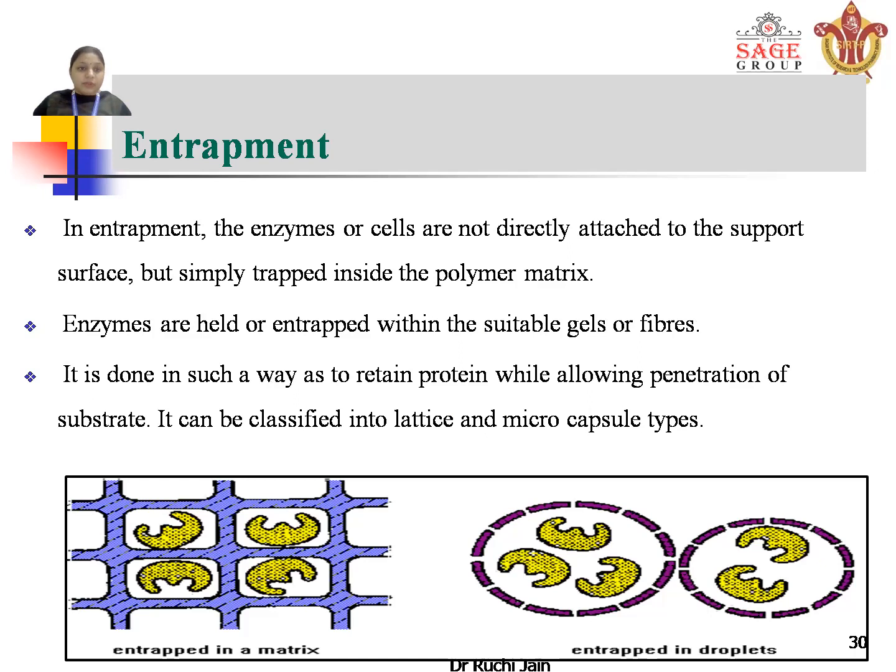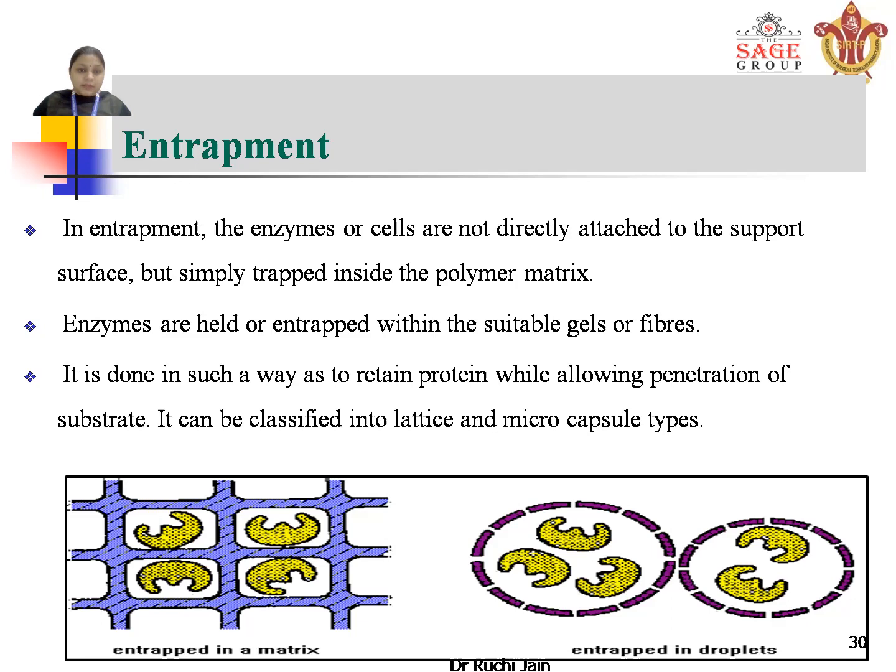For the entrapment method, we use some gels and fibers to entrap these enzymes. This is the latest type of entrapment, a microcapsule type of encapsulation, where microcapsules form and inside the capsules the enzymes are entrapped.